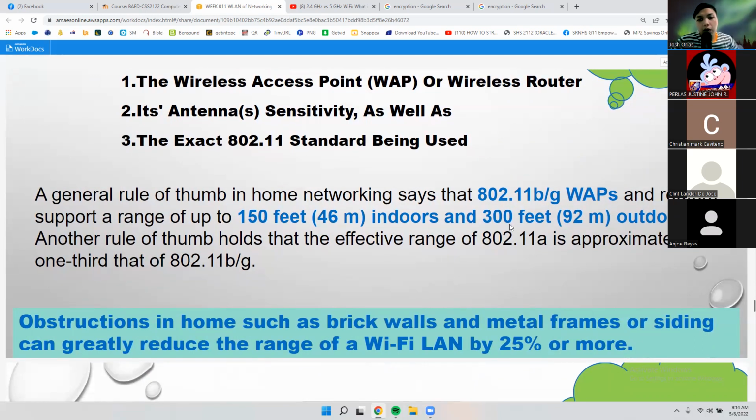Pag glass kasi, yung signal, pag pumunta sa glass, magba-bounce lang siya pabalik. Okay? So for example, ito particular area lang yung merong signal. So for example, sa bahay naman din, less lang yung mga walls na parang dividing. So possible na mas malawak yung maging range ng Wi-Fi. Even kahit sa taas, kakayanin niya. Okay?